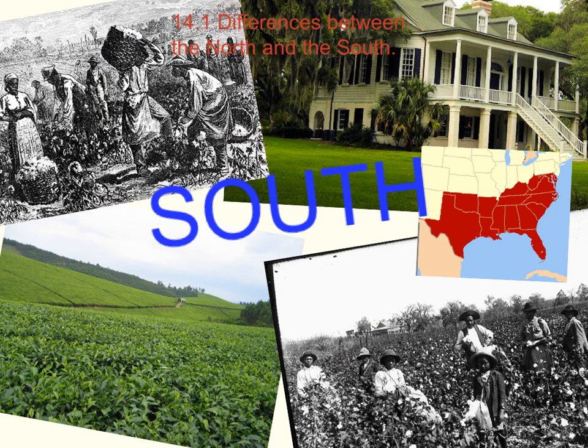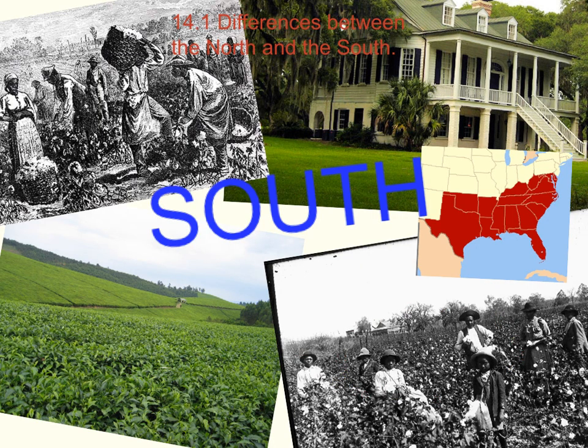The cities they did have weren't full of factories and industry, but rather they were there to trade and sell the crops gathered by the slaves on plantations. And I've given you this map here to give you a bit of a visual of what we're talking about when we say the South. On the very top end here we have Maryland and Virginia, all the way south into the west to Texas.